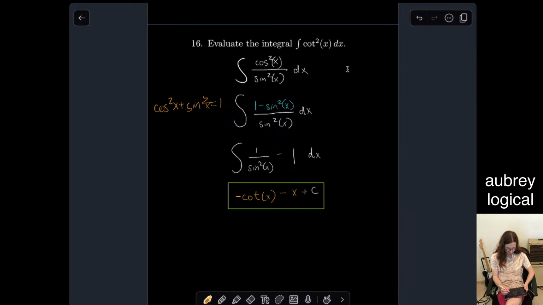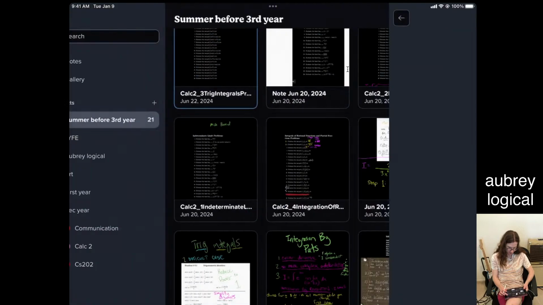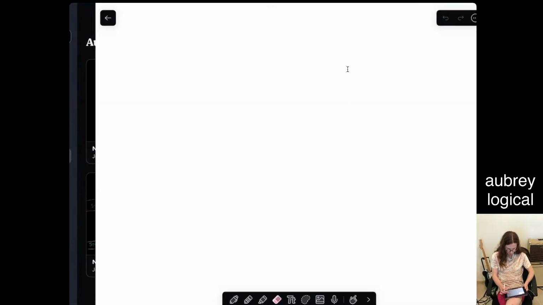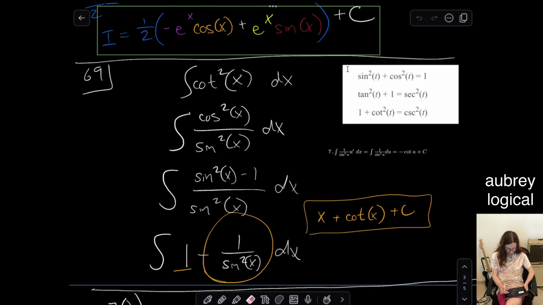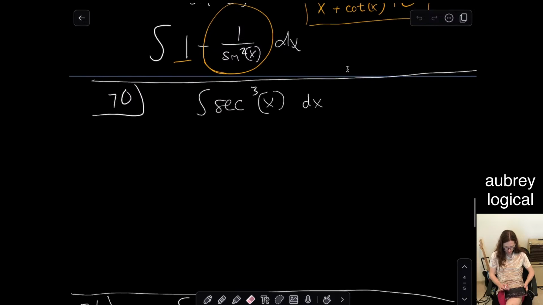So would cosine really be 1 minus sine? Yeah, it would. Okay, well that's still right then. So I think negative cotangent of x minus x plus c is actually the same as x plus cotangent of x plus c. That's so weird. I don't know if those are the same, but makes sense to me.